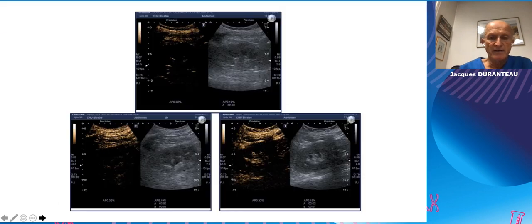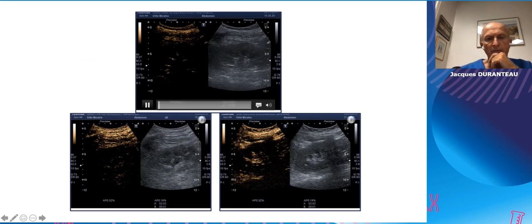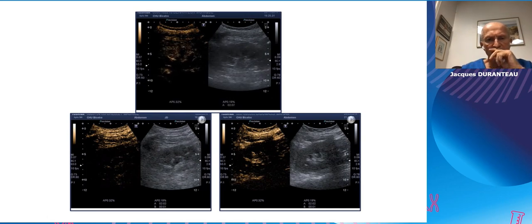And at the level of the kidney, on this slide are 3 different patients, just to show you how, despite the fact that macrovascular hemodynamic is similar, we can have very different behavior of the microcirculation at the kidney.